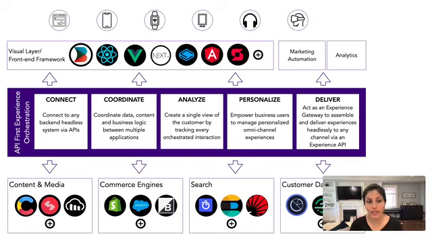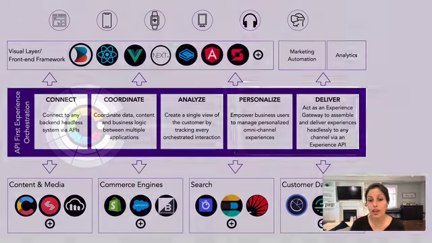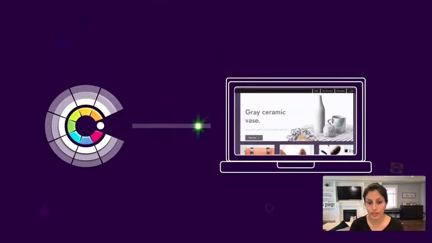Conscia's DX engine is truly headless and offers centralized control over the experience for all channels, not just your website. So you can control personalization on the website, but you can also reuse the same logic in various channels.